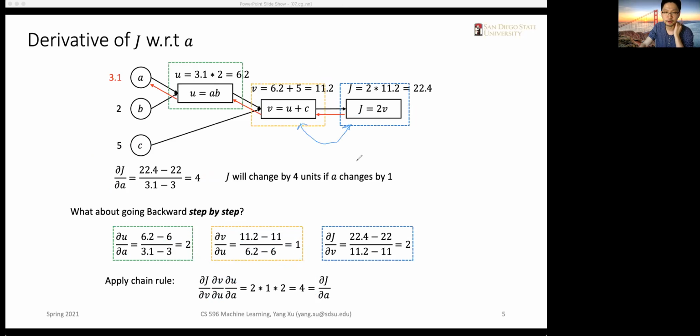We compute the adjacent variables and multiply them together, use the chain rule, so that we can gain the knowledge of the partial derivatives of the output with respect to some inputs that are very far away from it, right? A is very far away from the output J here. But since now we can compute the partial derivatives from this step to this step, second step, third step, multiplying them together will give us the results that we want, okay?